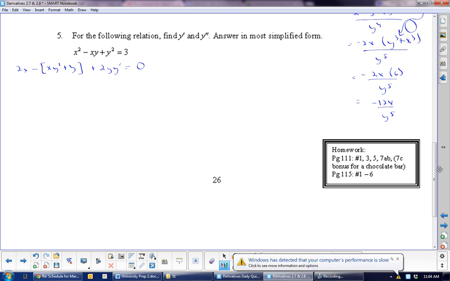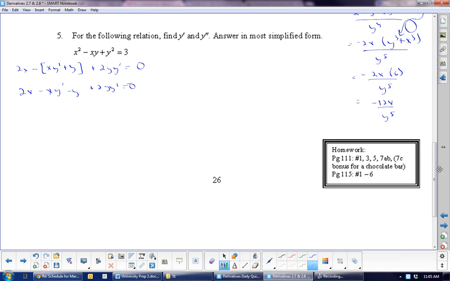So we want to get y prime by itself. Let's get some stuff together here first. I'm just going to get rid of the brackets there. That's y prime, minus y plus 2y y prime equals 0.